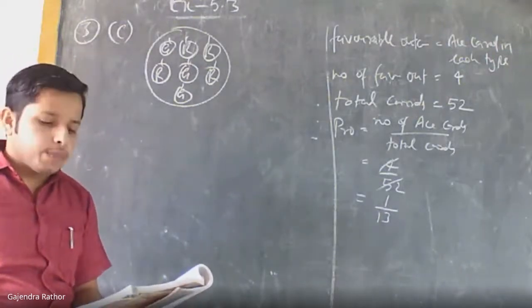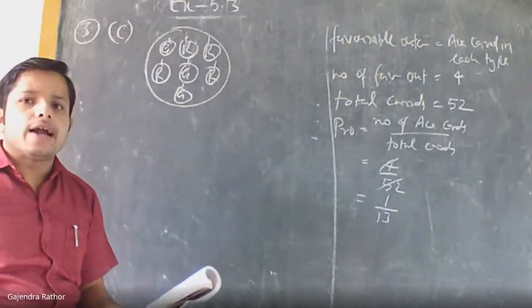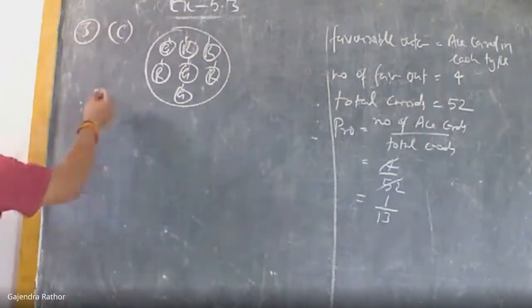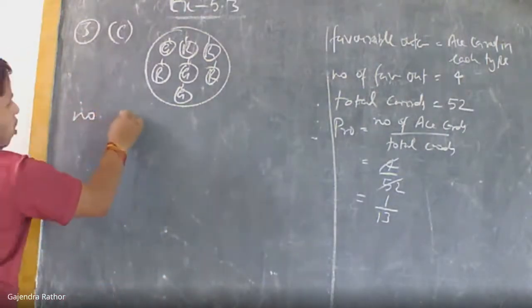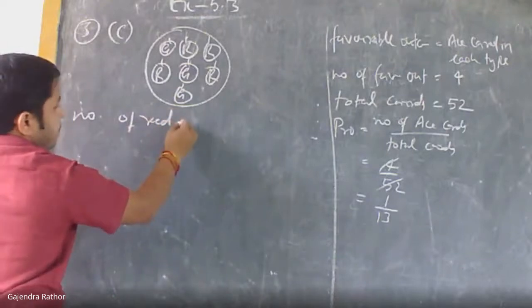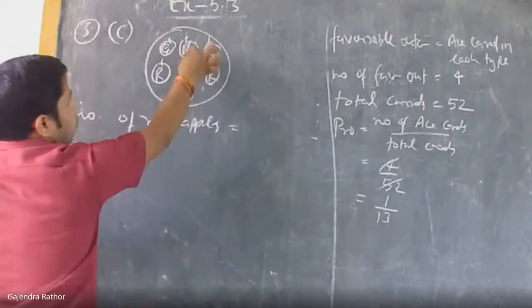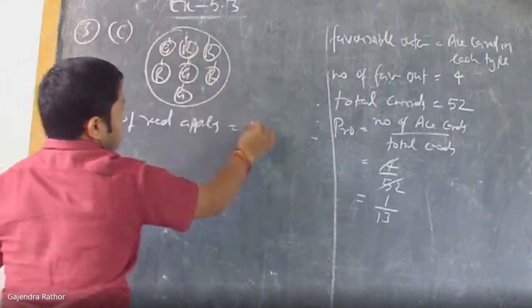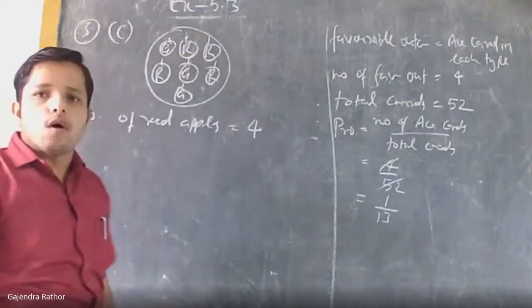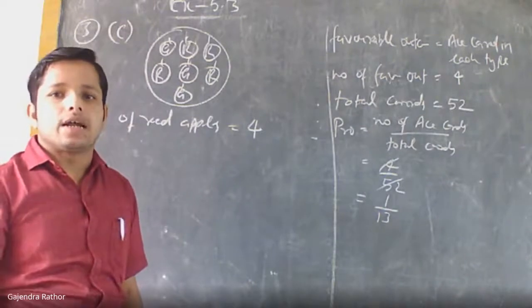Now we need to find the probability of getting a red apple. So, number of red apples. What is the number of red apples? 1, 2, 3, 4. So these are the 4 red apples in this circle.